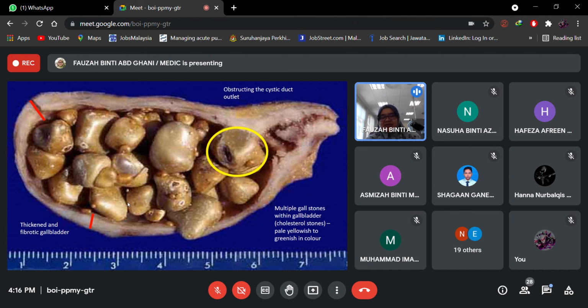Some of the stones are seen obstructing the cystic duct, and this is very important because this will add on to the inflammation, the enlargement, probably complication by empyema and all that because of the suppurative accumulation. So the obstruction here is also one of the important observations that we see in this gallbladder. Okay, good.